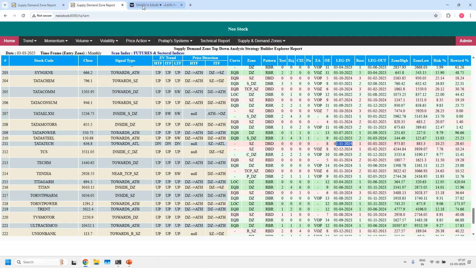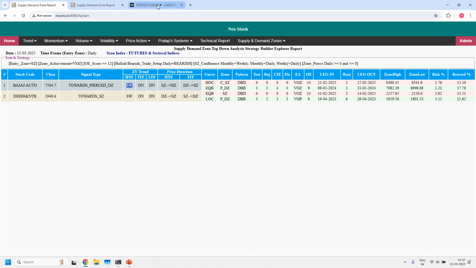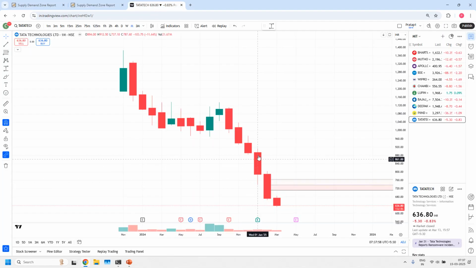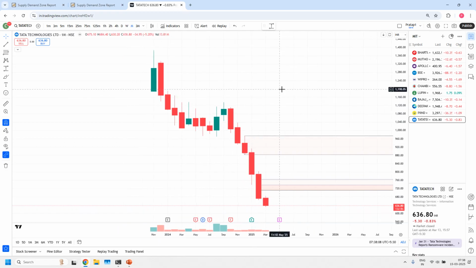And then 1st January 2025 is the leg out. Because the monthly zone is here, it is not having monthly EMA confluence. So this is how we identified high probability zones.